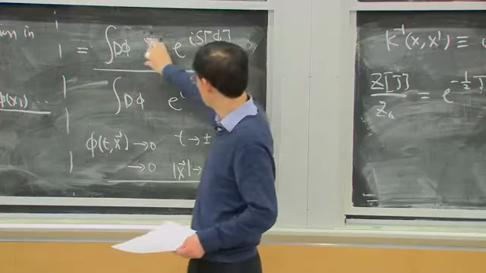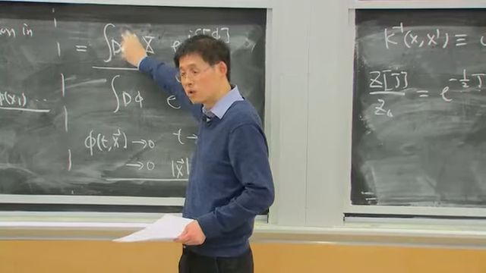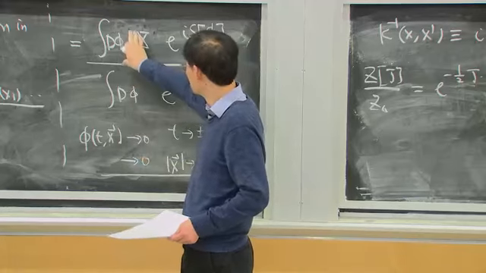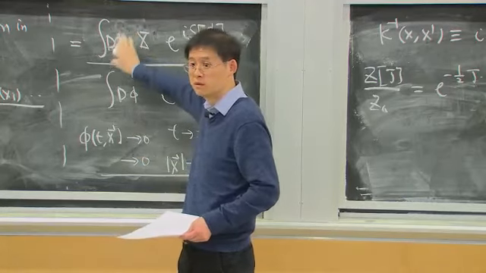Here is just the ordinary function of space-time, over which you integrate all possibilities, and we impose the boundary condition in the path integral.